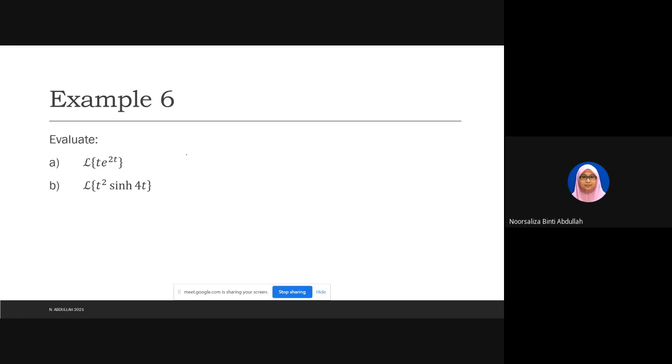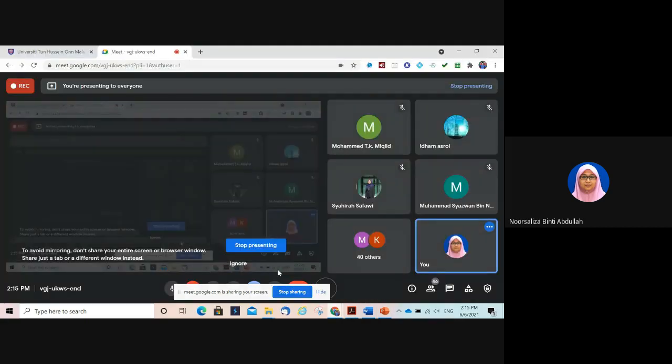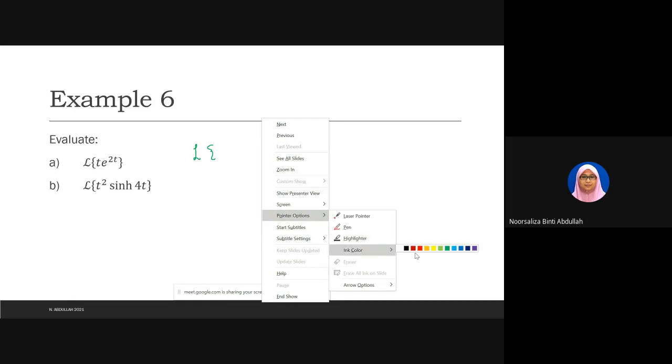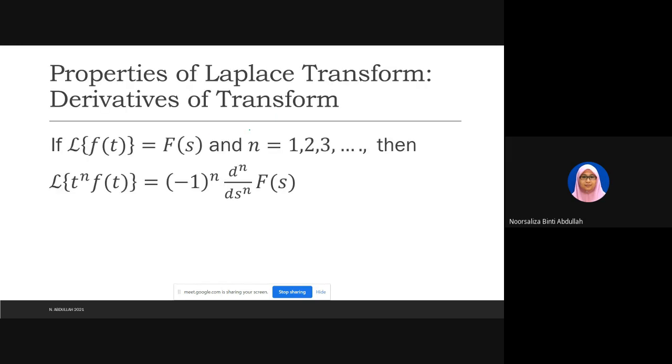So now we want to find the Laplace of t e^(2t). For the derivative, the Laplace of t^n f(t), this one is t to the power of n.